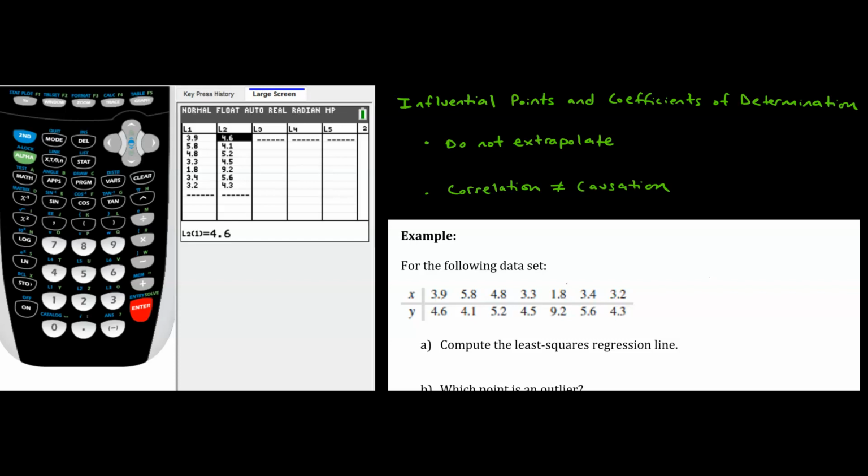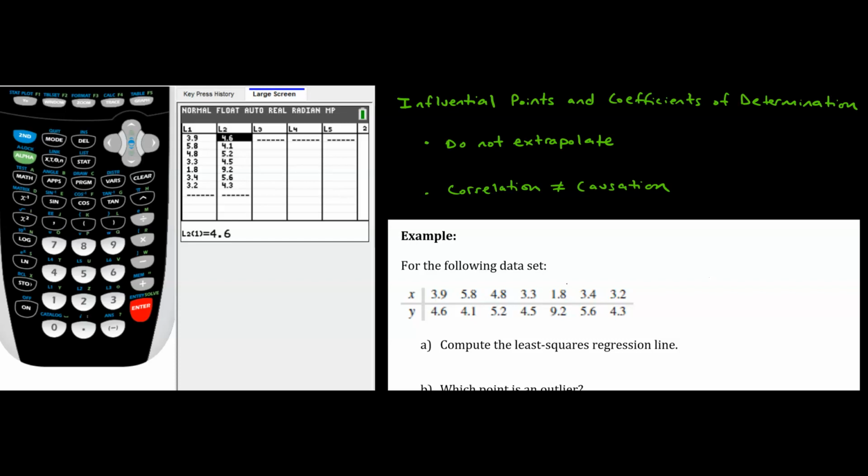So do not extrapolate. The other main point right now is that correlation is not the same as causation. Maybe you've heard this before. These terms often get misconstrued, and it unfortunately leads to miscommunication and many misunderstandings. But you should know that the associations that we're capturing in a linear regression are strictly that: associations.